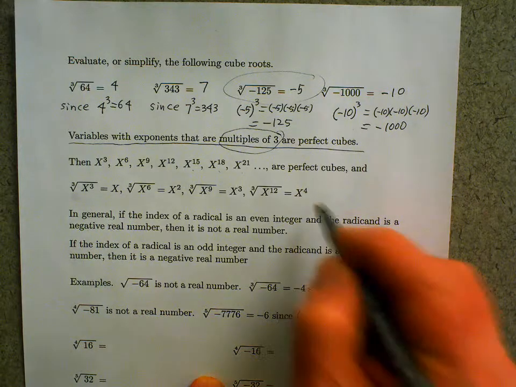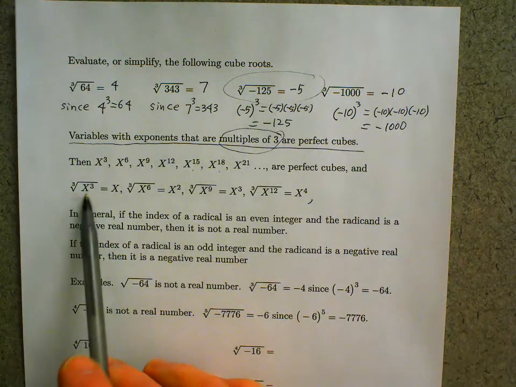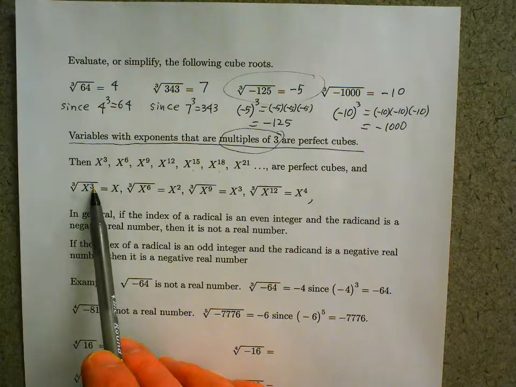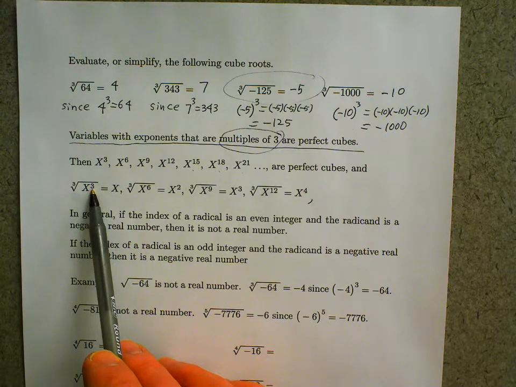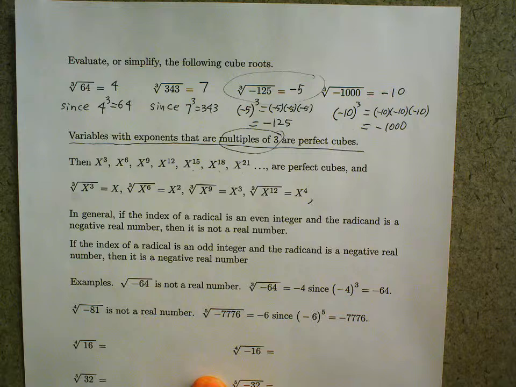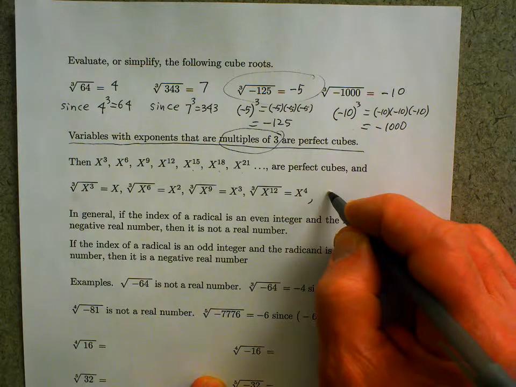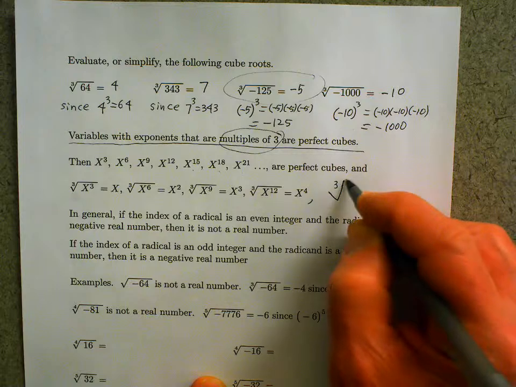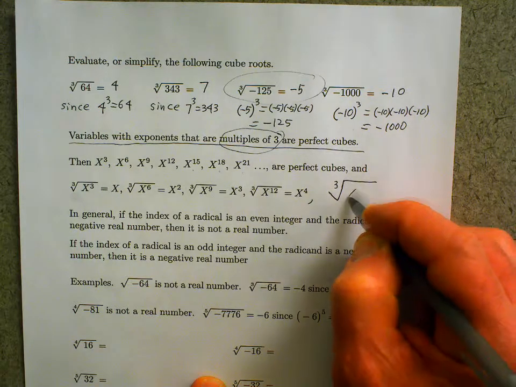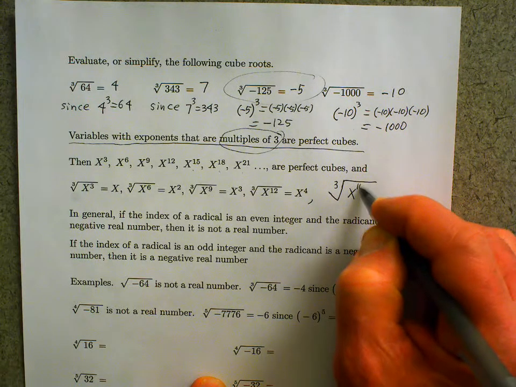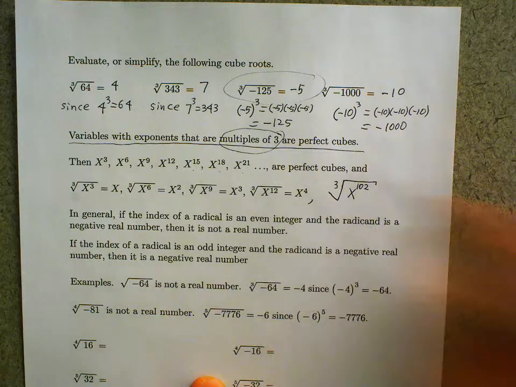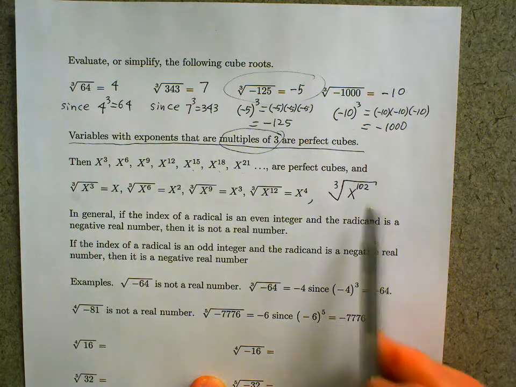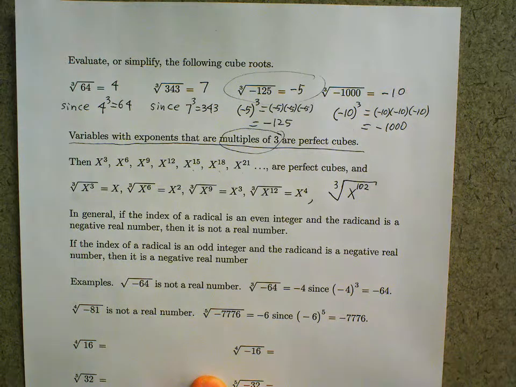Okay, so do you see the pattern on how to simplify cube roots of variables raised to exponents that are multiples of 3? So let's try this one, the cube root of x to the 102. 102 is a multiple of 3.